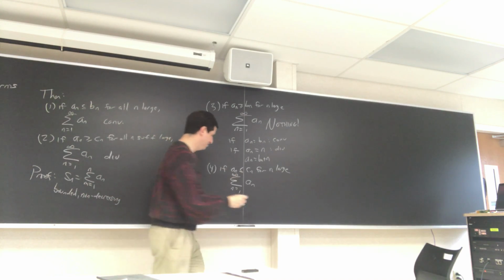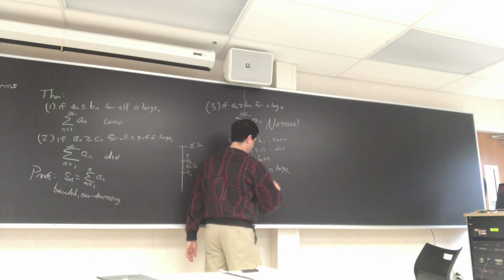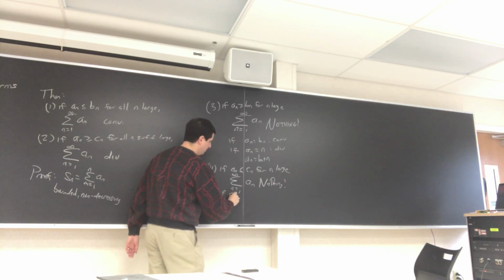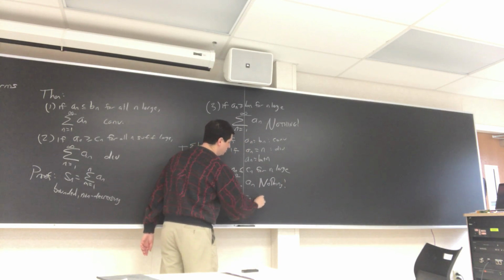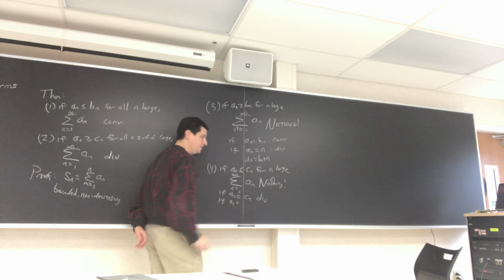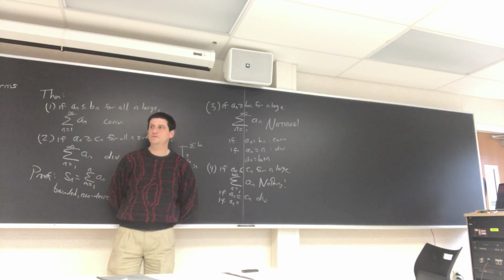Nothing. Still nothing. So if an equals cn, you diverge. If an equals what? What would give me something that would converge? Yes? 0. So one possibility would be 0.